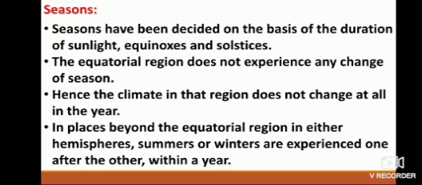In places beyond the equatorial region in either hemisphere, summers or winters are experienced one after the other within a year. The occurrence of seasons one after the other in a year leads to the cycle of seasons. Generally, there are two seasons, summer and winter, on the earth. However, in some places, seasons are taken to be four in all.